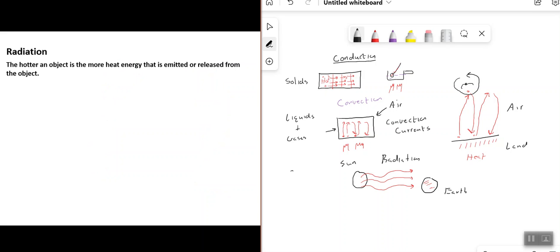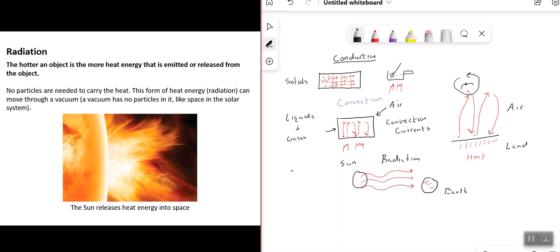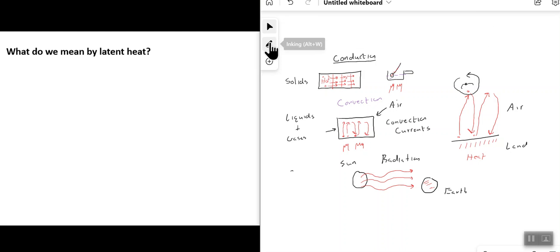And radiation then is this: the hotter an object is, the more heat that is emitted or released from the object. No particles are needed to carry the heat. This form of heat energy, radiation, can move through a vacuum. A vacuum has no particles in it, like space in the solar system. So we have a vacuum, for example, in space.